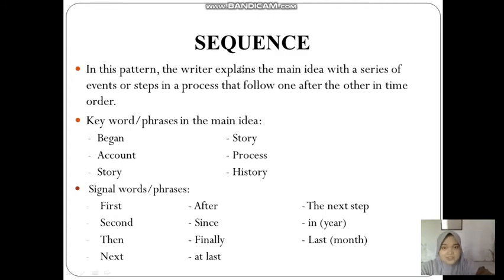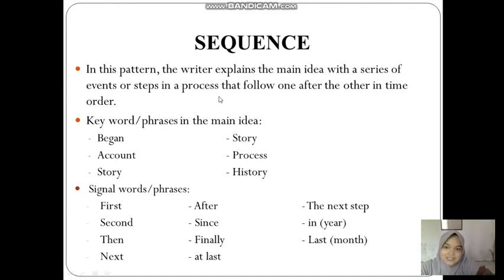This pattern, sequence pattern, relates to procedure text because this pattern relates with a process.